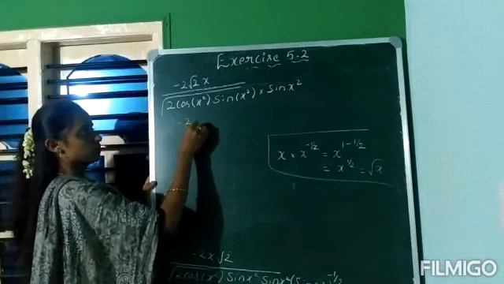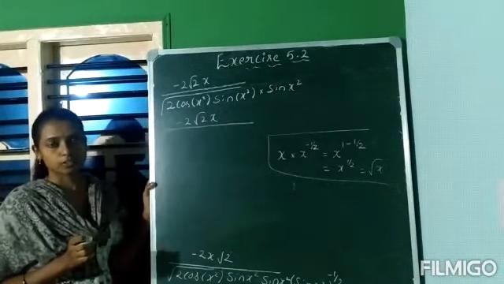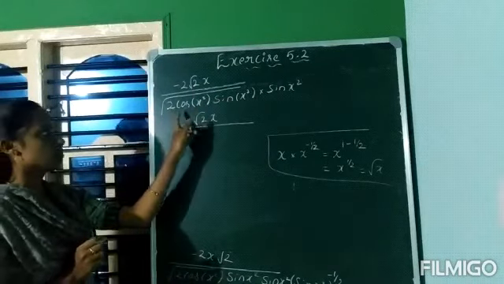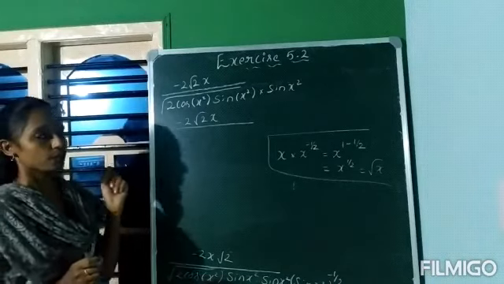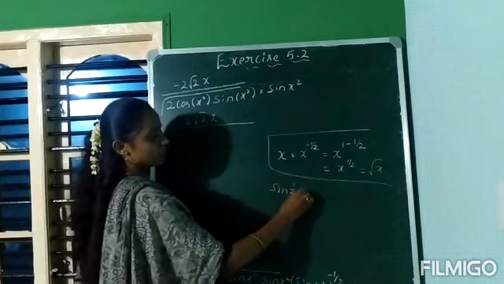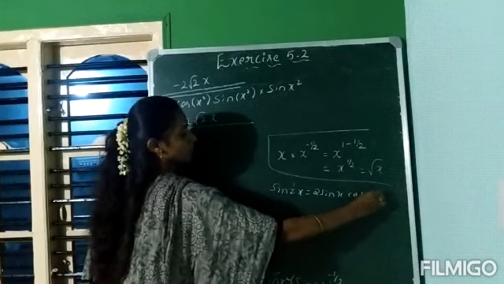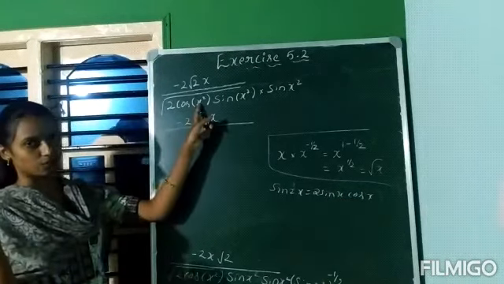Now minus 2 root 2x divided by, I just make use of a trigonometric formula, that is 2 sine x square into cos x square is sine 2x square, because we know that sine 2x can be written as 2 times sine x into cos x. Here in the place of x we have x square, right?